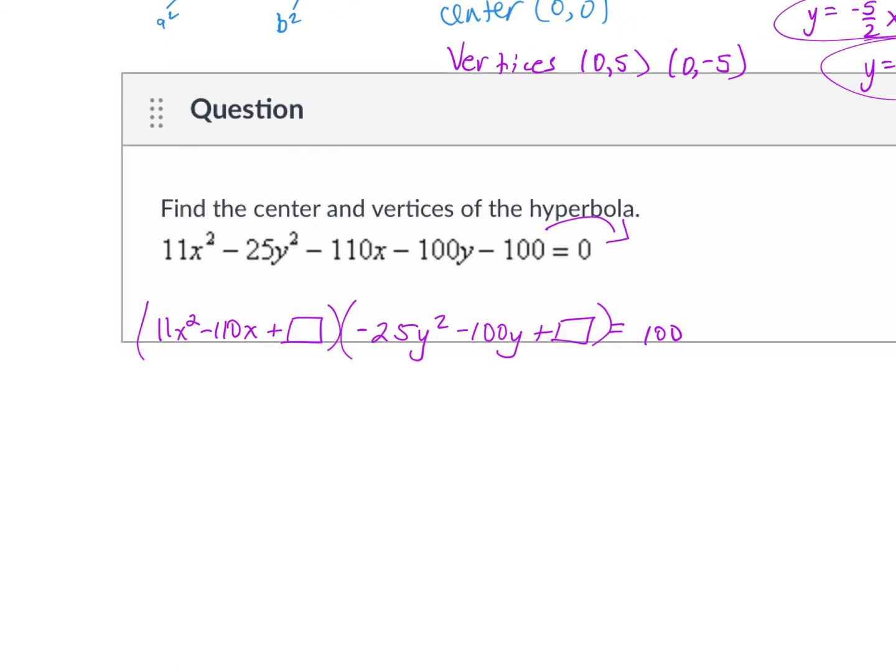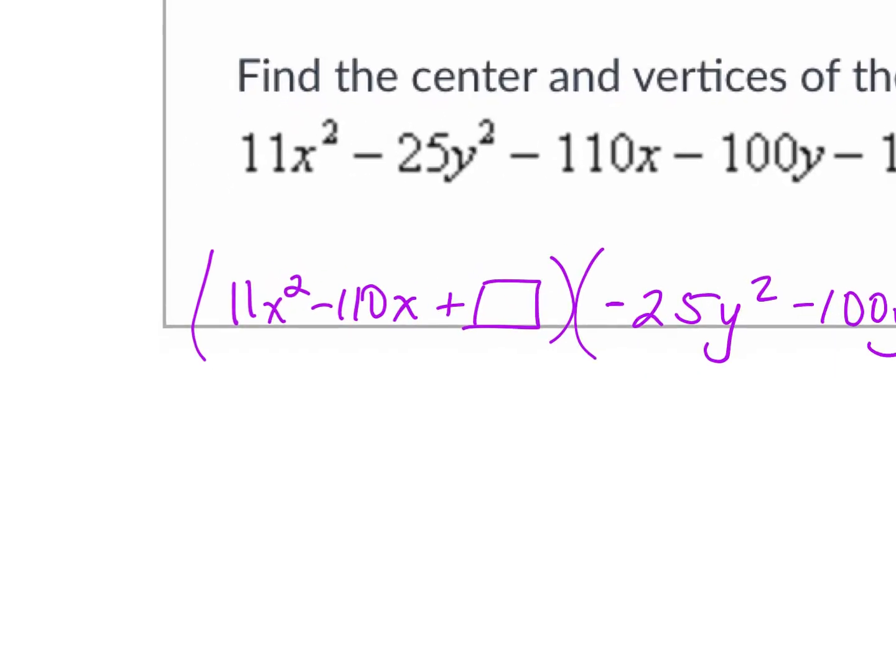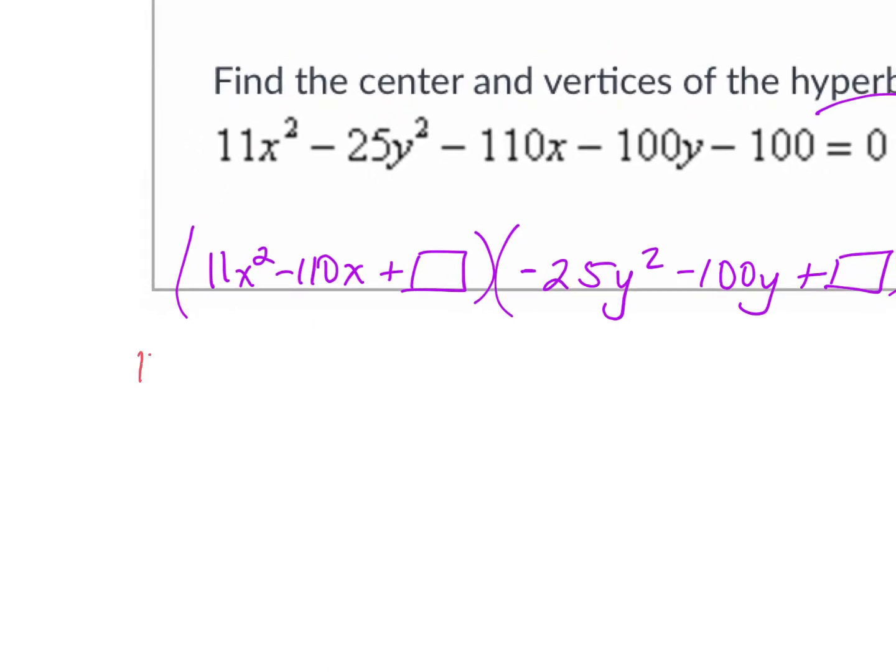When we're completing the square, we want our coefficients of x squared and y squared to be 1. What do you think I can take out of both 11 and 110? 11. Okay, let's take out an 11. So I'm left with x squared minus, what's 110 divided by 11? 10 plus the box.